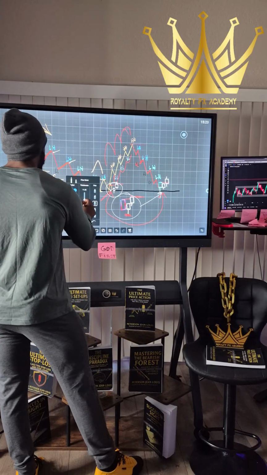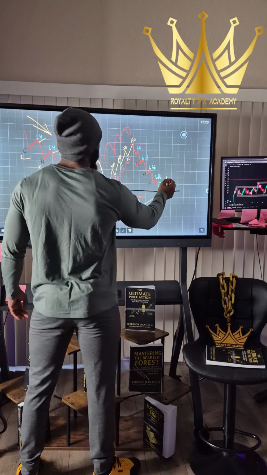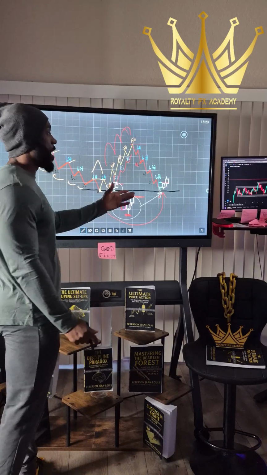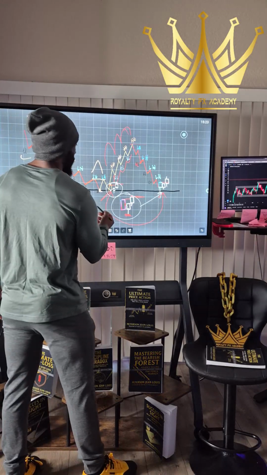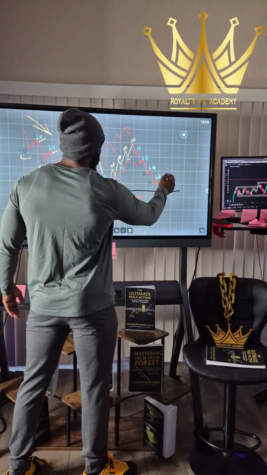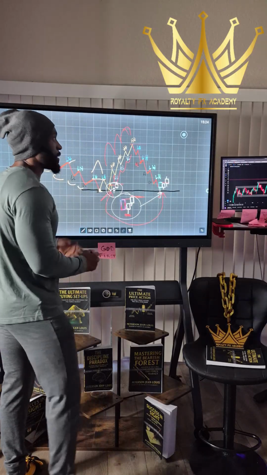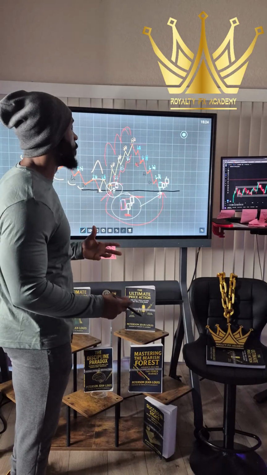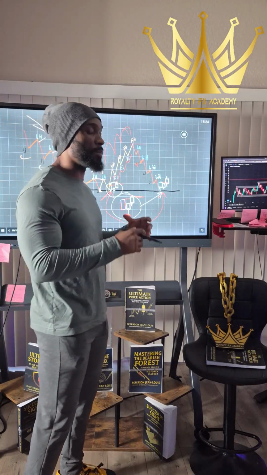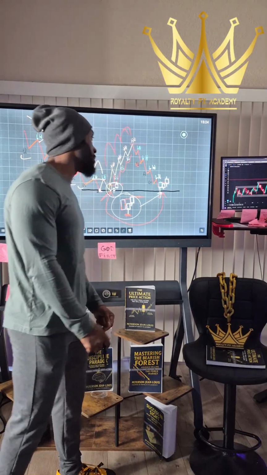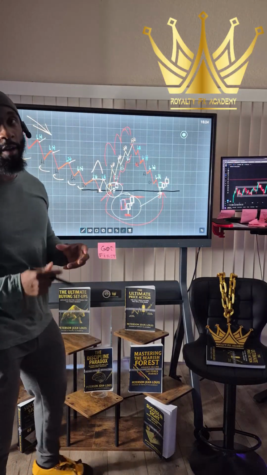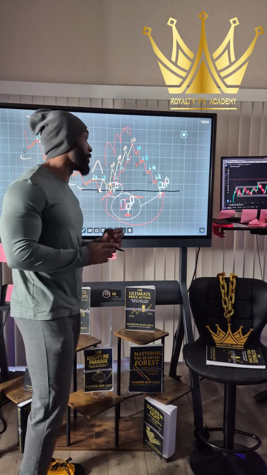At this point, the market has now engulfed. It closed above it. Now we have a bullish engulfing. Notice how this one is a lot higher than the previous one, because that's what we're going to get sometimes. A bullish engulfing comes in different formats.